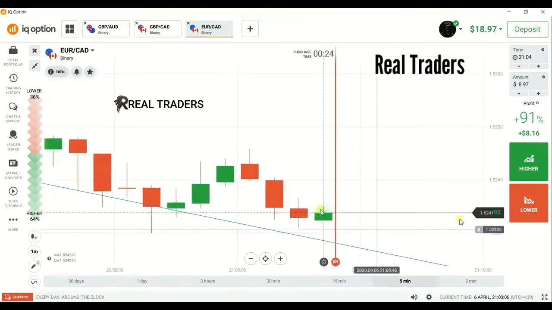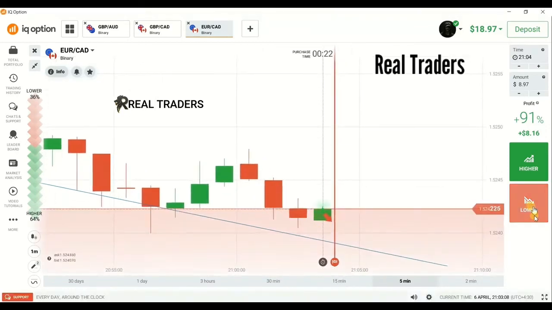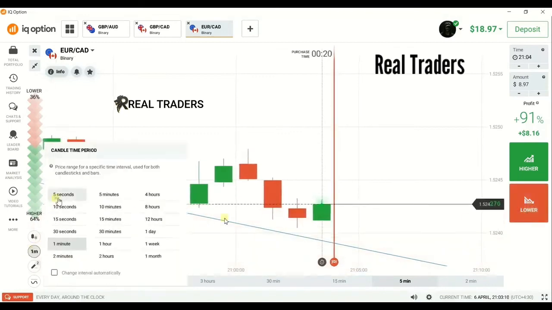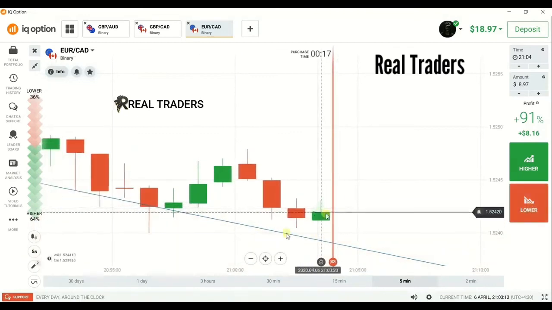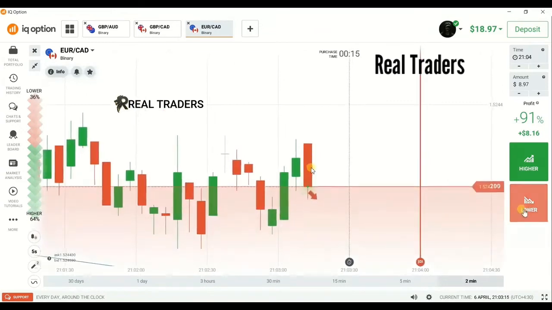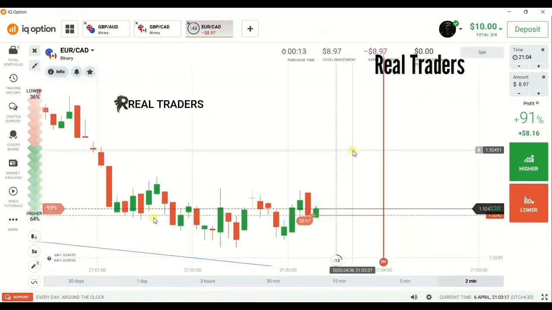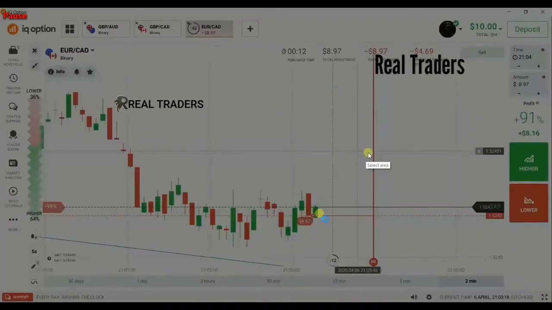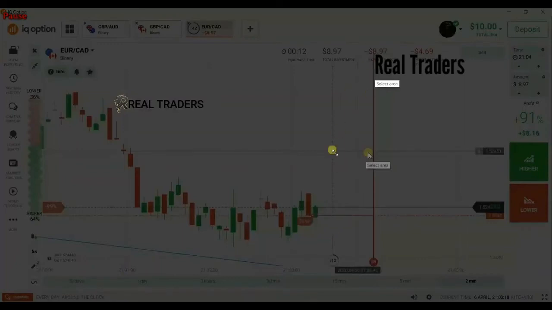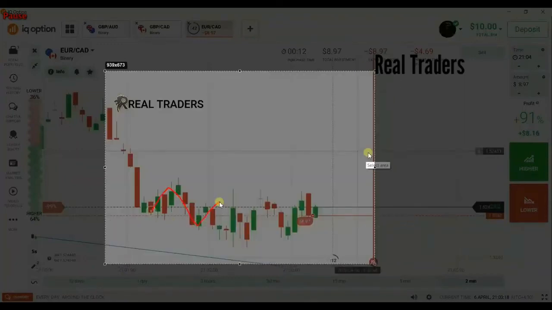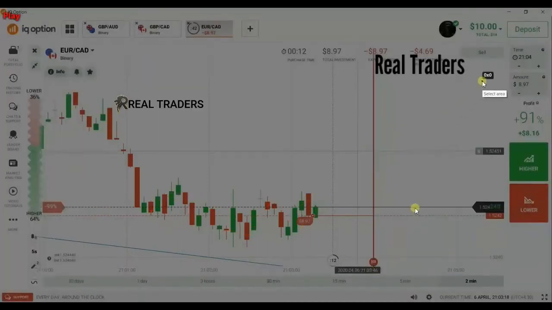Here also I was thinking about a lower option because there is a level, and you can see a rejection here. So I placed my trade, but because of a bad market, the 5-second also shows us the consolidation area. So it is a bad market.